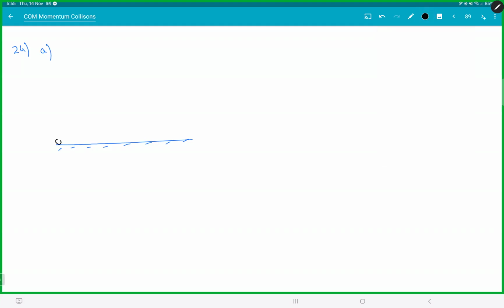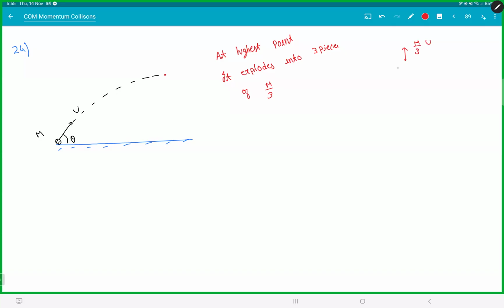We have an explosive, mass m, projected with speed u at angle theta. As it goes to the highest point, it explodes into 3 pieces of m by 3 each. One m by 3 goes up with u.